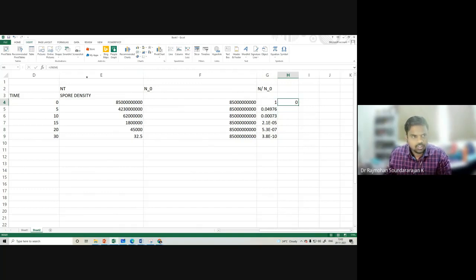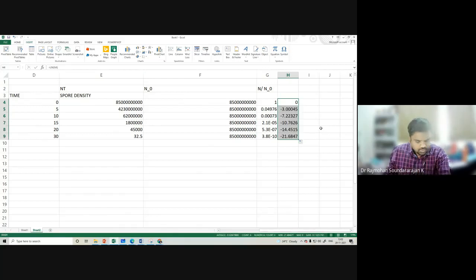We click and write the formula equal to ln. Ln refers to natural log. Within the bracket you have to write which column, G4. Then you can drag it down and you will get the values.